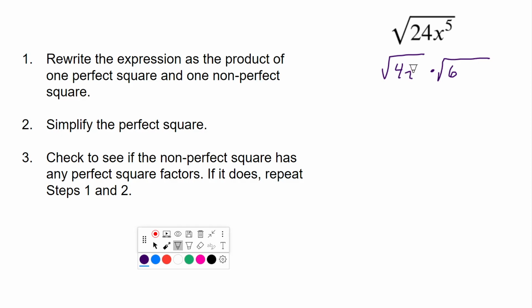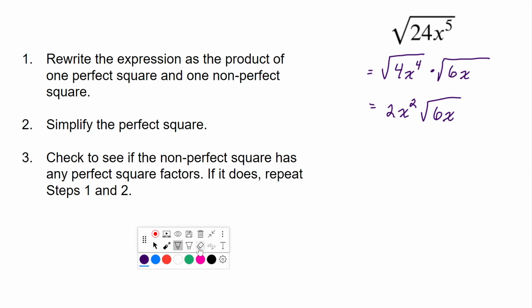The largest even number before 5 is 4, so I'm going to place x to the 4th with my 4, and the extra x with my 6, because x to the 4th times x gives me x to the 5th. And this equals, I don't need that square root symbol because it is the square root, the square root of 4 is 2, x squared times the square root of 6x.